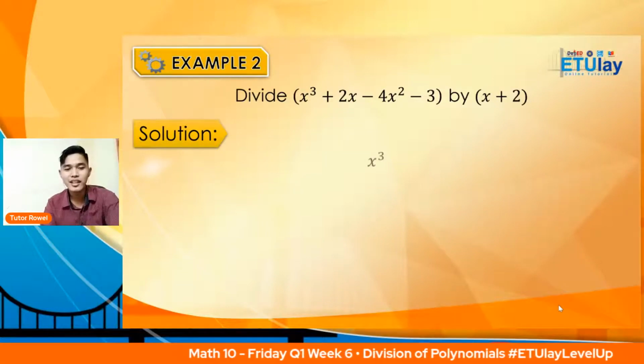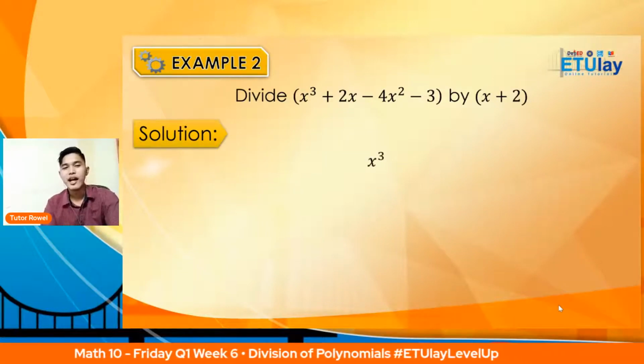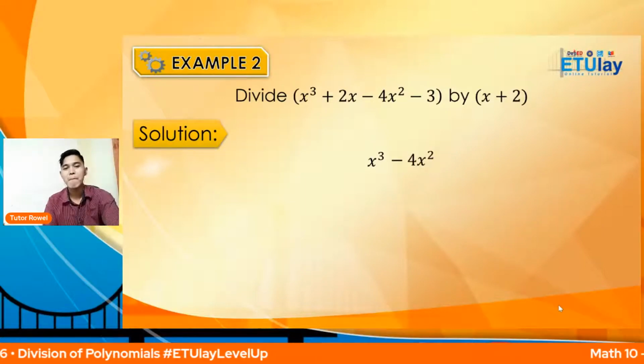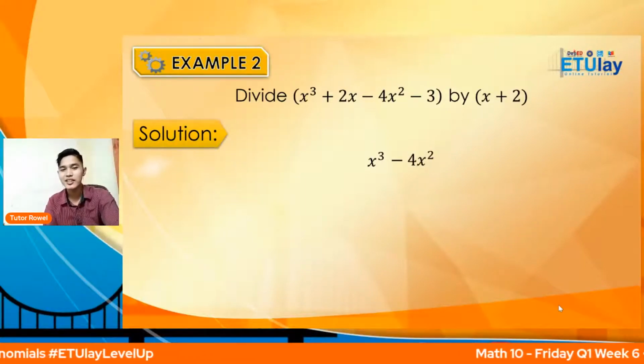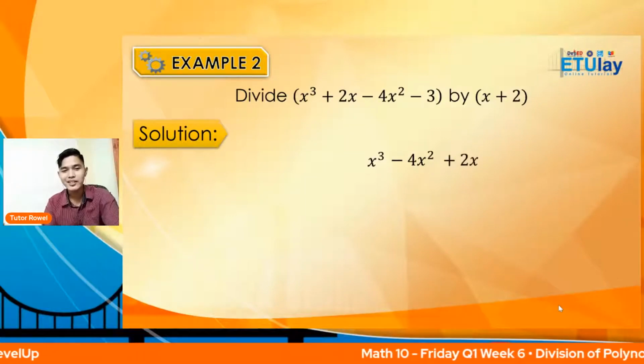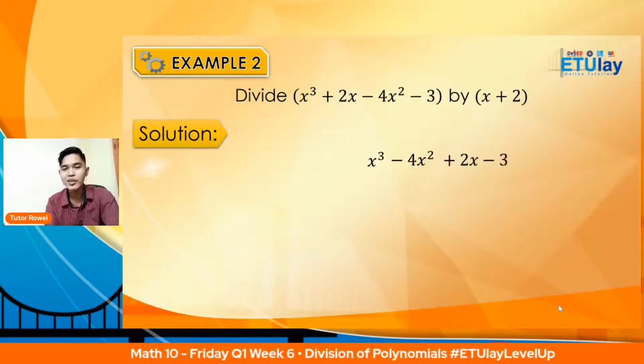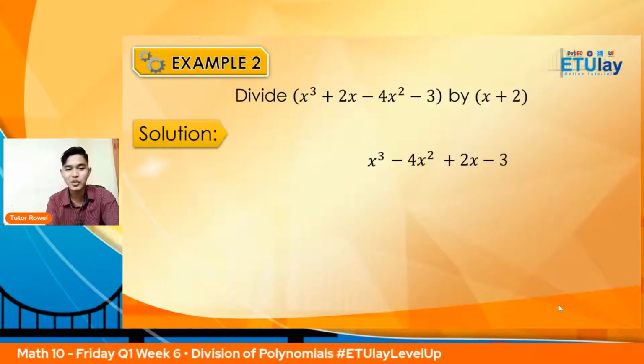That is x cubed. What is next? Negative 4x squared. After that, what is next? It's 2x. And last is negative 3. Now that we have arranged them, we may perform the long division process.